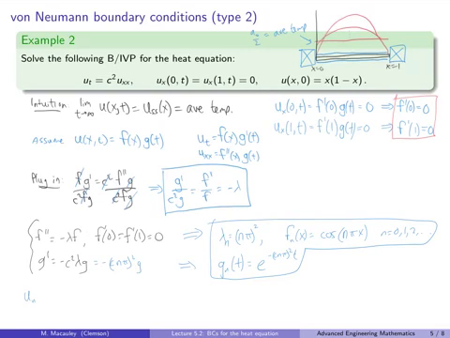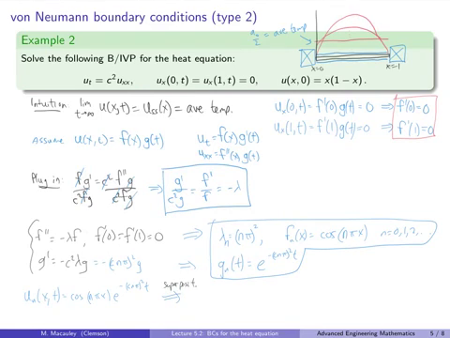So for each n, that's a non-negative integer, we have a solution which is f times g, which is cosine of n pi x times e to the minus c n pi quantity squared times t.